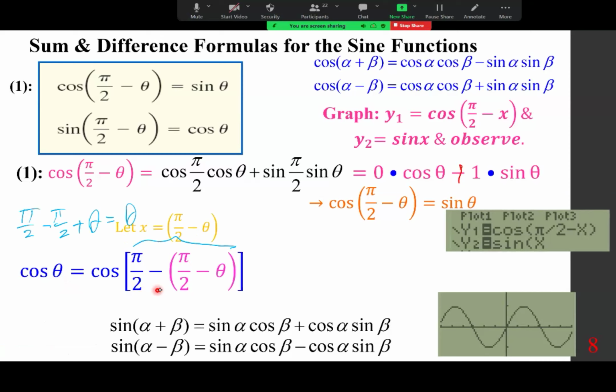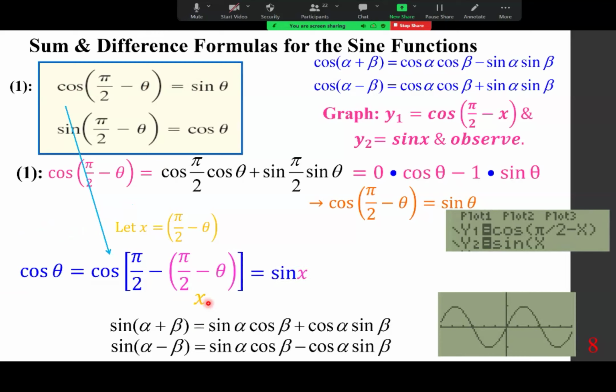Then if we let this one be x, we're going to use this formula. Let me erase my work so it becomes easy to see. So we're going to call this x. Imagine it's cosine of pi over 2 minus x instead of theta. According to this, the answer is sine x.